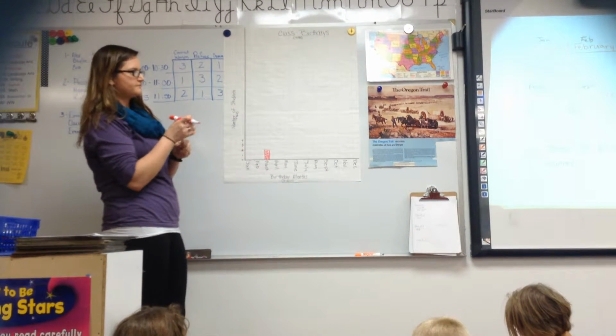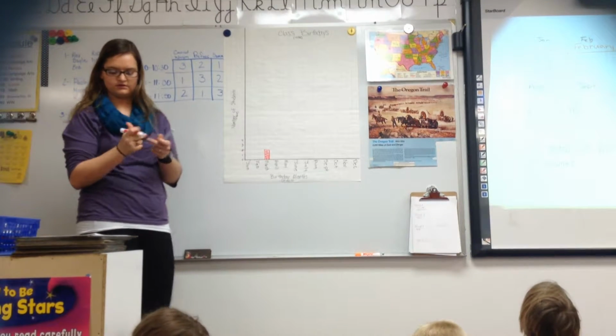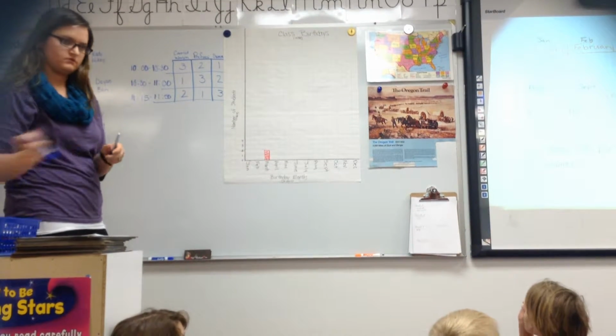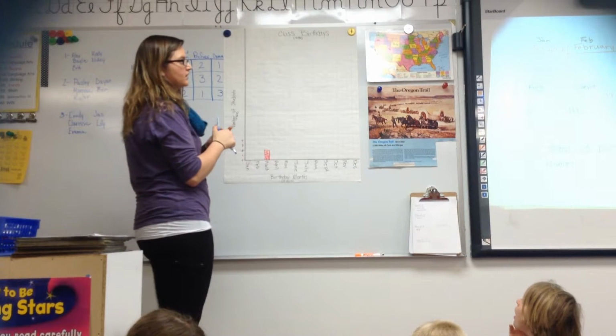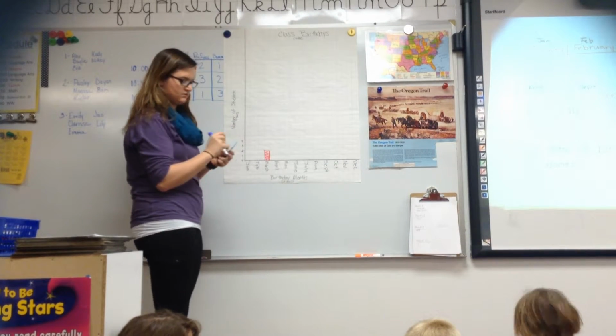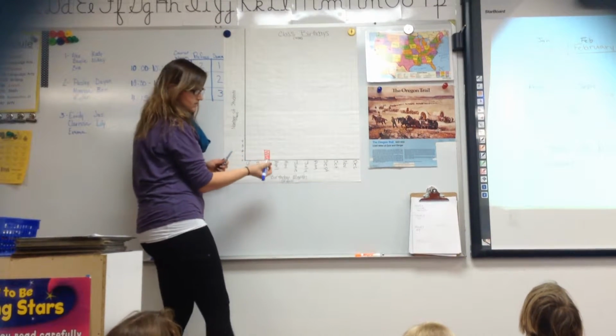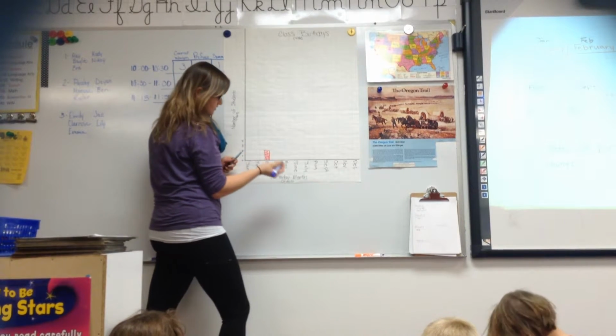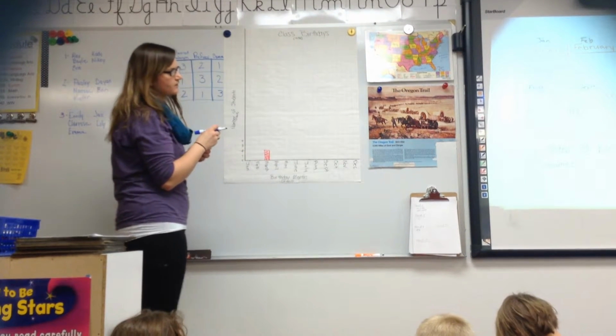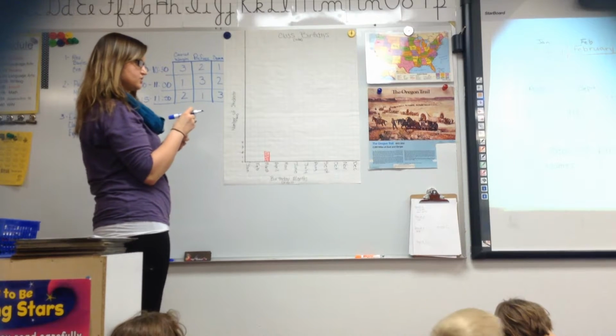Okay, April. How many? 0. Very good. What about May? 1. So, Diane, come show me where I'm going to go for May. Quick. Come up here and show me. How many do we have?